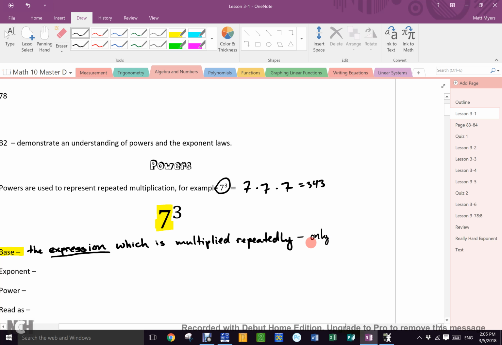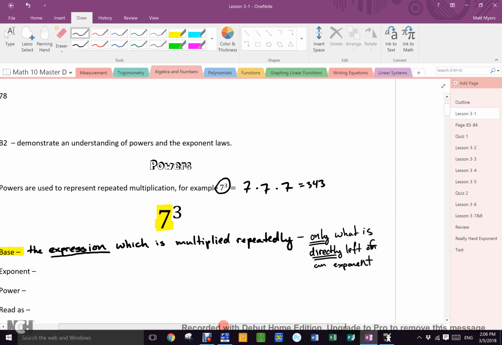Only, and I'm going to underline twice, what is directly, and I'm going to underline twice, left of an exponent. And I've done that for a reason. We'll come back to it in a second. Everybody cool?